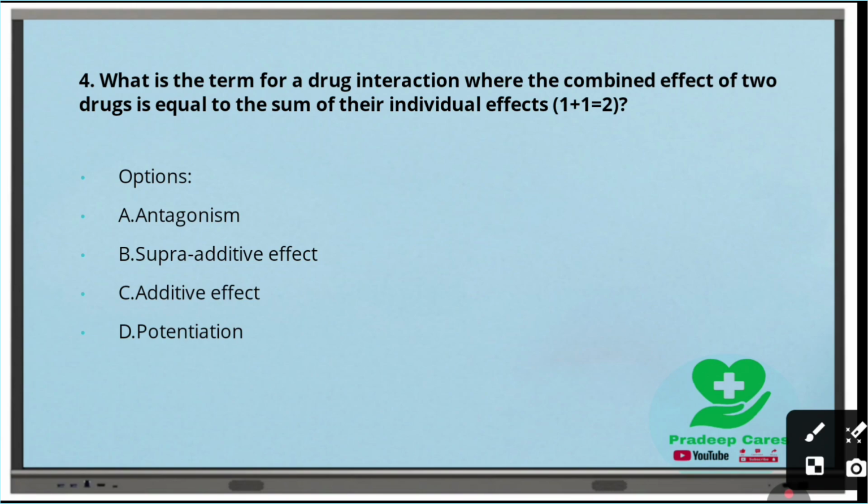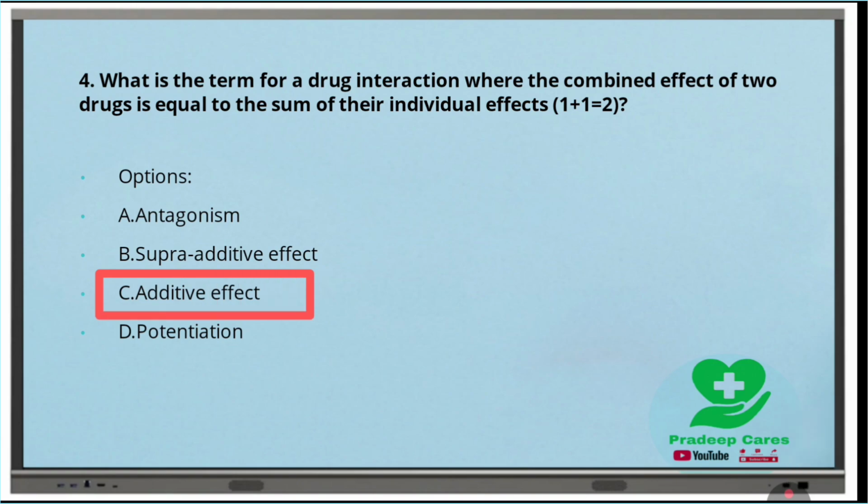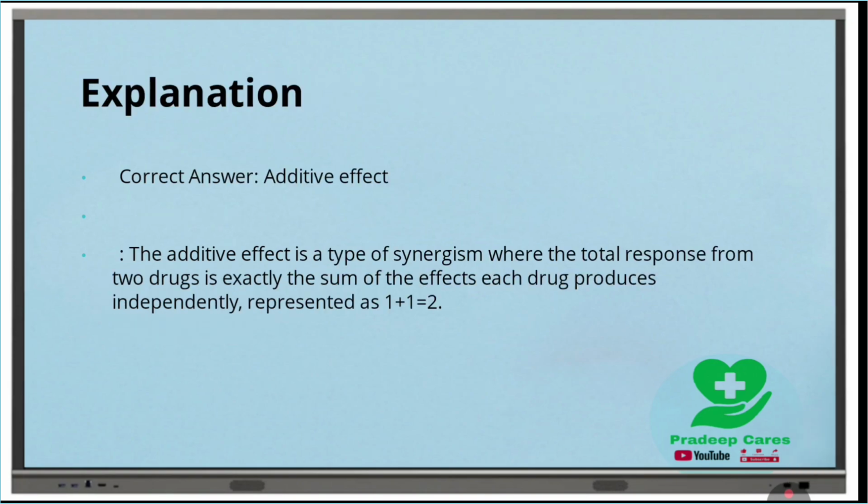And the correct answer for the question is option number C additive effect. Explanation. The additive effect is a type of synergism where the total response from the two drugs is exactly the sum of the effect each drug produces independently, represented as 1 plus 1 is equal to 2.